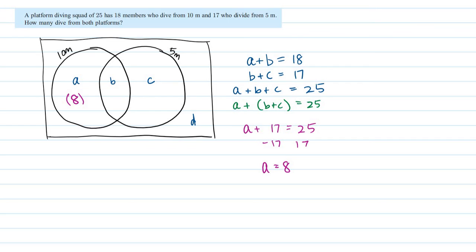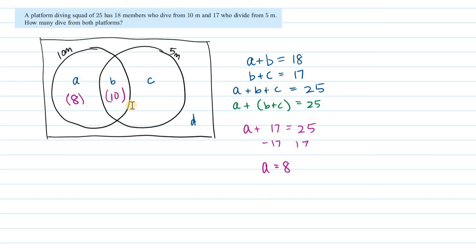If there are 8 people in A alone, and we know that the 10-meter group was supposed to have 18 people, then how many are available to be in B? If A alone represents 8 people and A and B is supposed to be 18 people, then B must be 10 people.